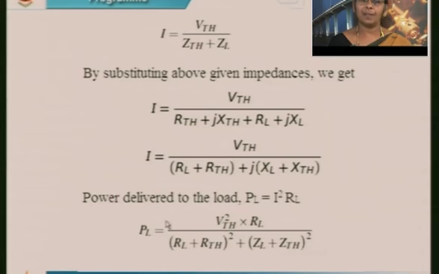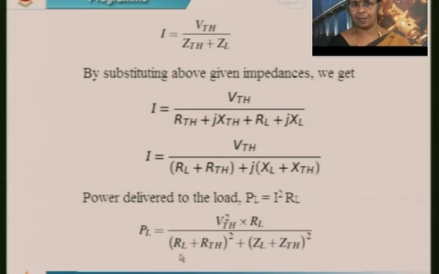So why exactly are we going to get this? If you square the whole thing, what are we going to get here? RL plus R Thevenin the whole square plus XL plus X Thevenin the whole square. That is nothing but, you know that the impedance Z is equal to square root of R square plus X square, or Z square is equal to R square plus X square.